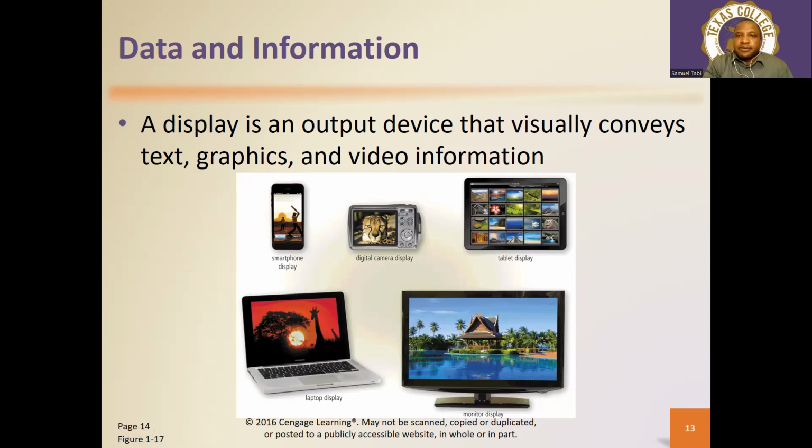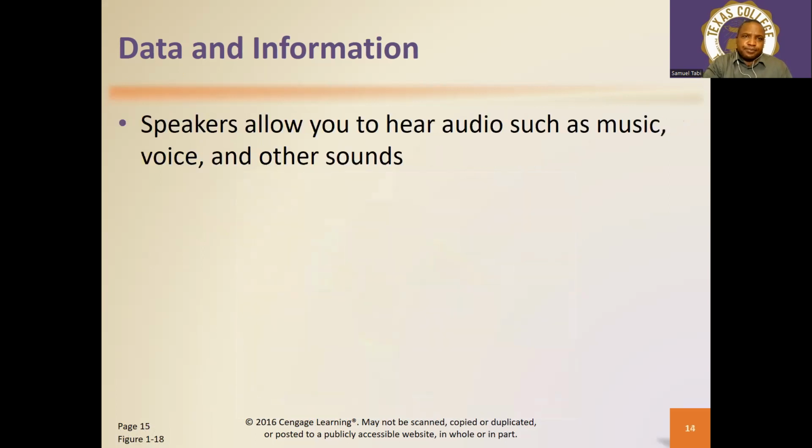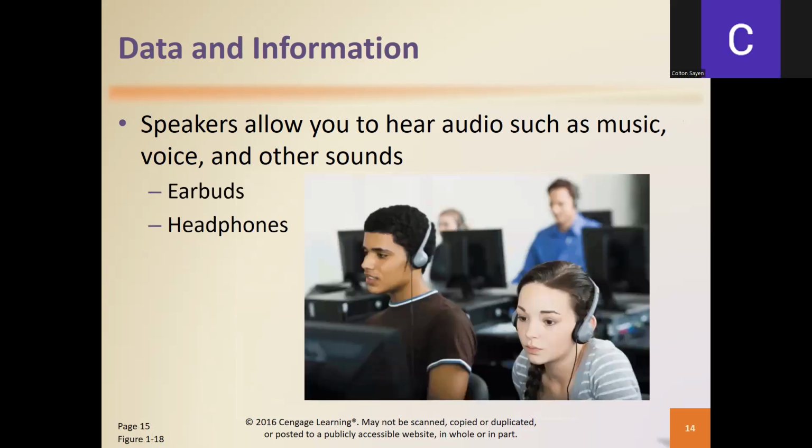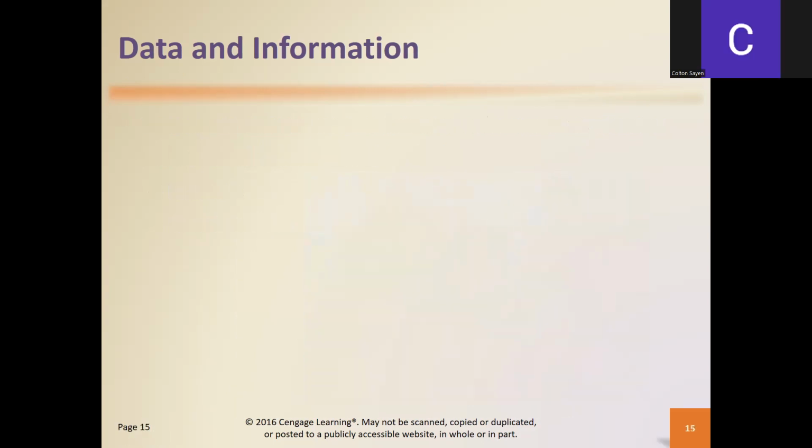They visually convey text, graphics, and video to users like you and myself. Speakers allow you to hear audio such as music. Examples of other devices which play the same role as a speaker: earbuds, headphones. Okay.